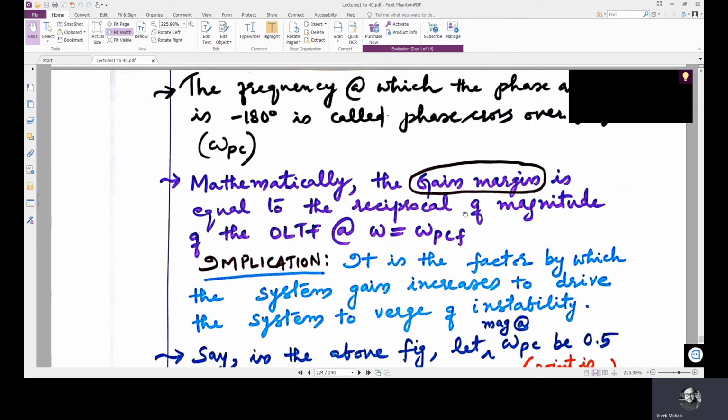Mathematically, the gain margin is equal to the reciprocal of the magnitude of the open loop transfer function at omega equals omega phase crossover frequency. That means to find the gain margin, we first find the reciprocal of the magnitude of the open loop transfer function at the phase crossover frequency.